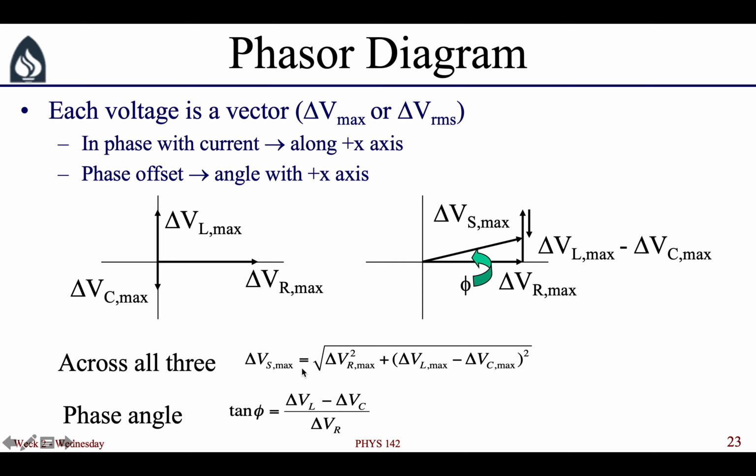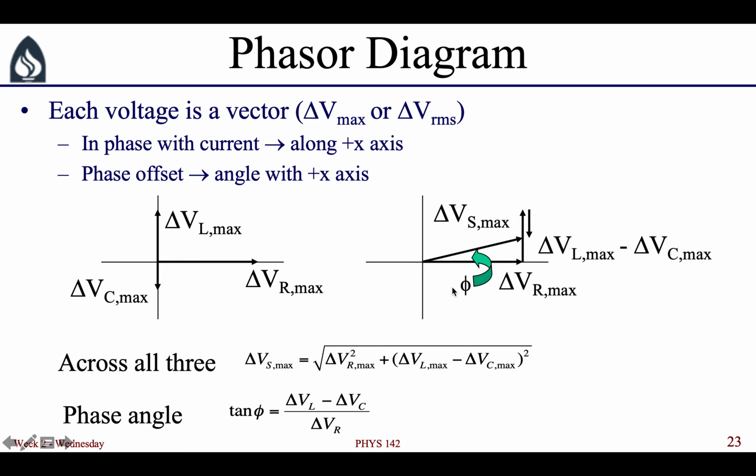The phase angle tells us something about the voltage across the power supply. If we were to draw a graph showing how the oscillating voltage of the power supply relates to the current in the circuit as well as the voltage across the resistor, the angle that it lags behind is represented by phi.